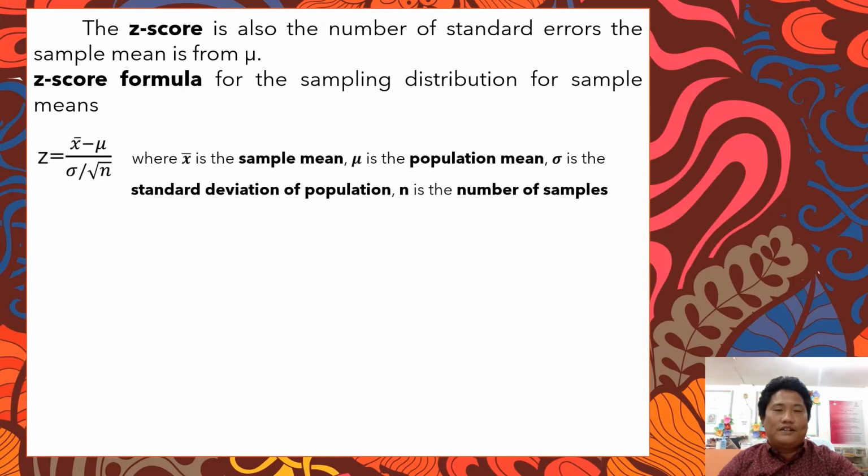We have z equal to the sample mean minus the population mean, all over the standard deviation divided by the square root of the sample size. So here, unlike the z-score in our previous study, we have a different formula. So, how do we use this formula? Let's have some examples.